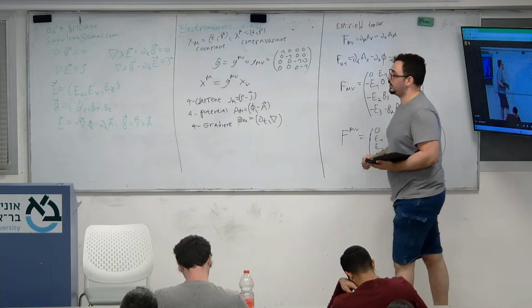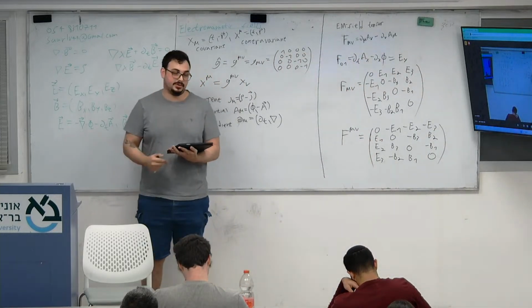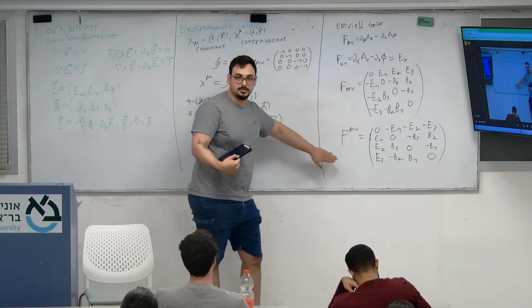Now there's a question: how do I get from the first one, the covariant, to the contravariant in a matrix?